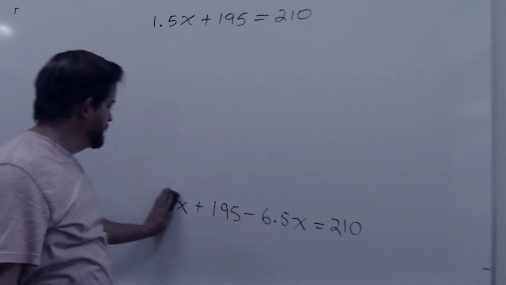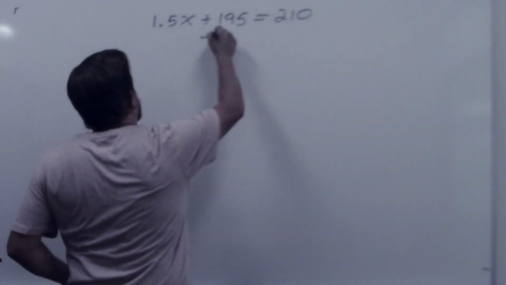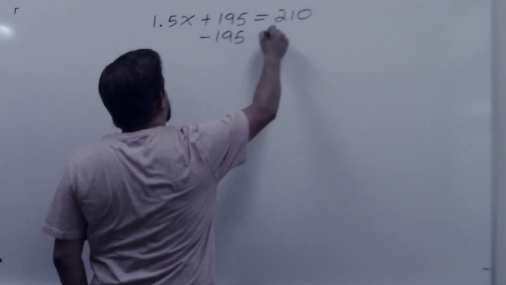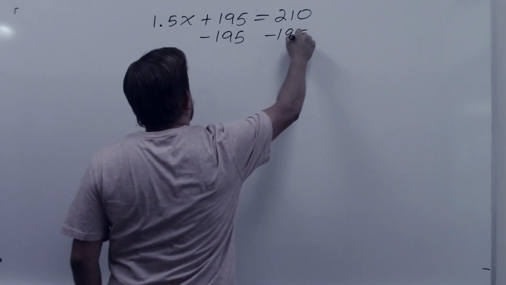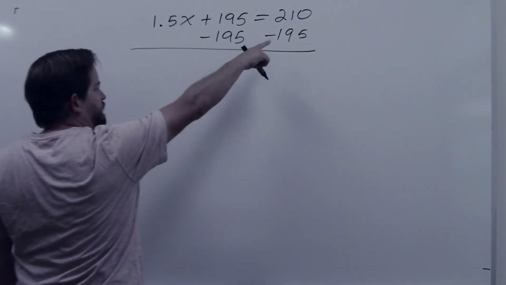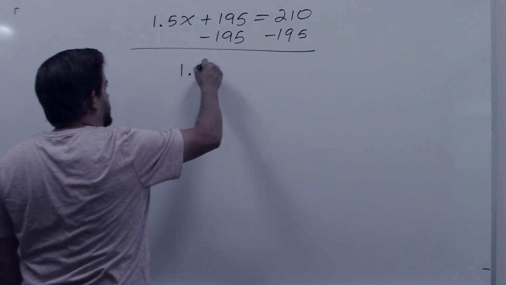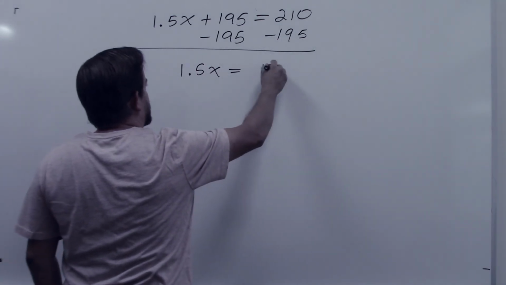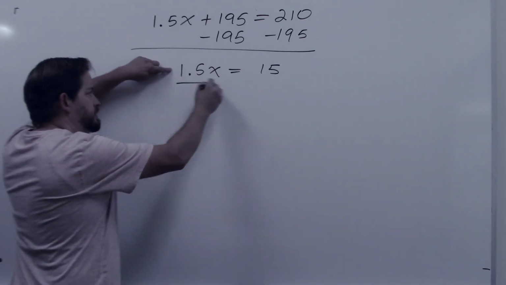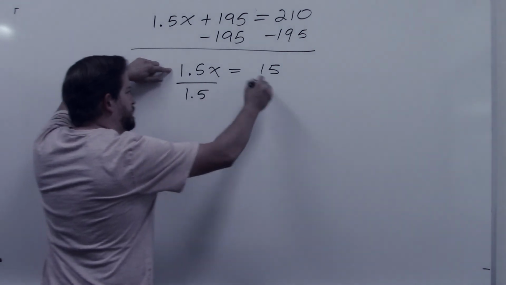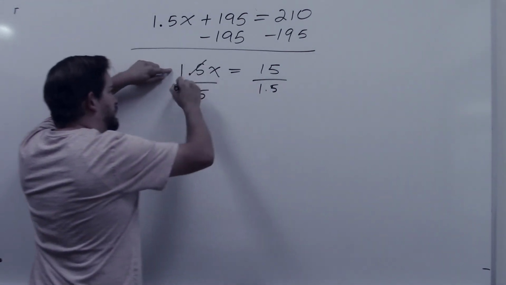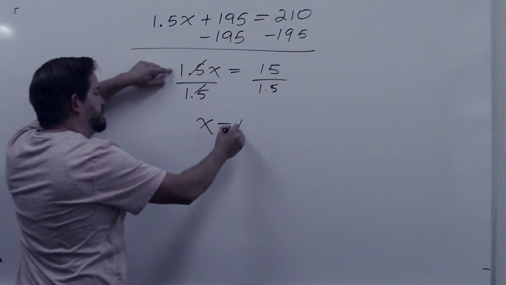Here it goes. And if I subtract 195 from both sides, that gives me 15. So I have 1.5x equals 15. Not bad numbers, because when I divide this by 1.5, I get x equals 10.